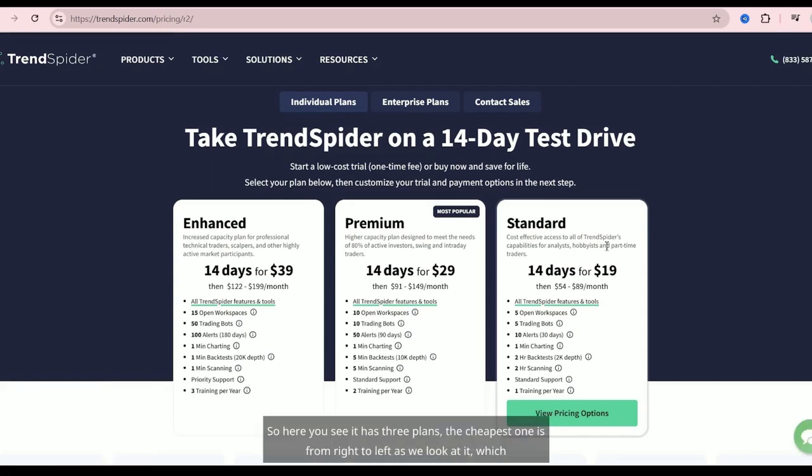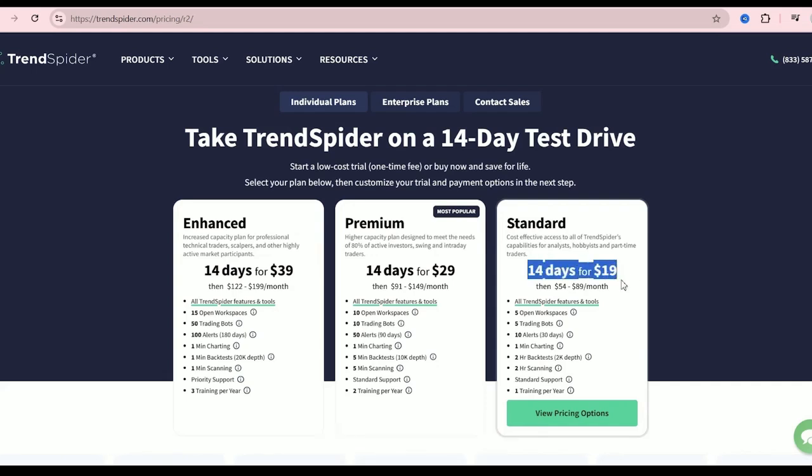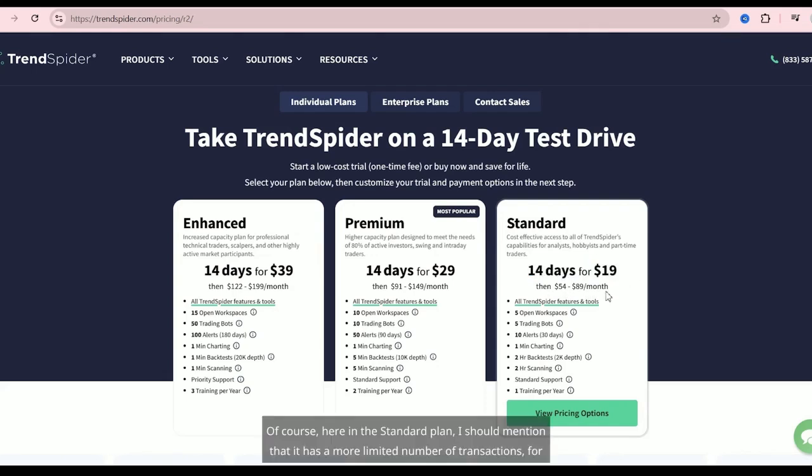So here you see it has 3 plans. The cheapest one is from right to left as we look at it, which essentially gives you a 14-day trial period for $19, and then it ranges from $59 to $89 per month. Of course, here in the standard plan, I should mention that it has a more limited number of transactions. For example, it includes 5 trading bots, while in the next plan, the premium, it includes 10.